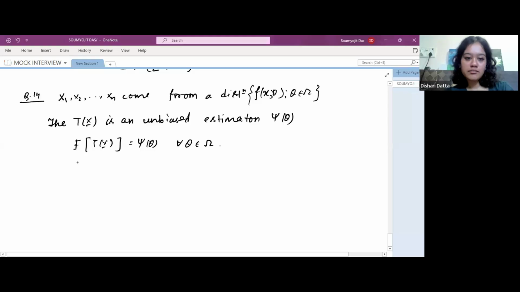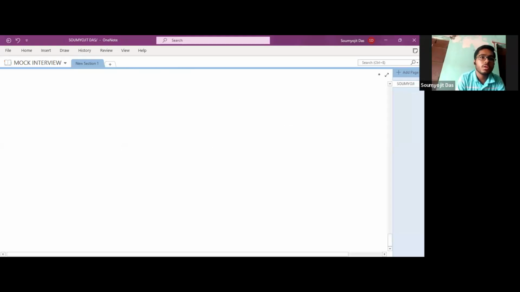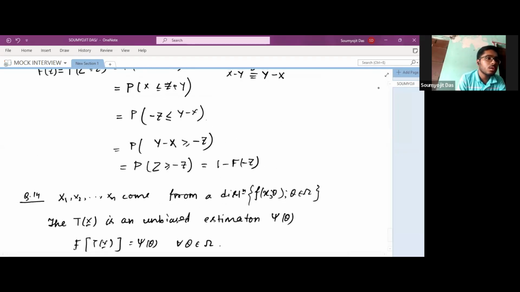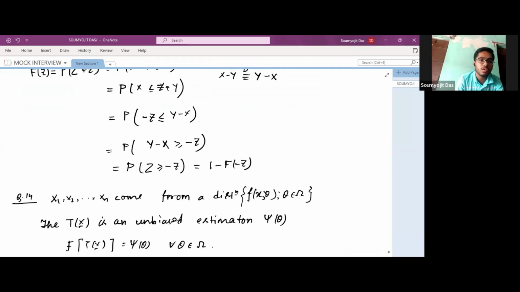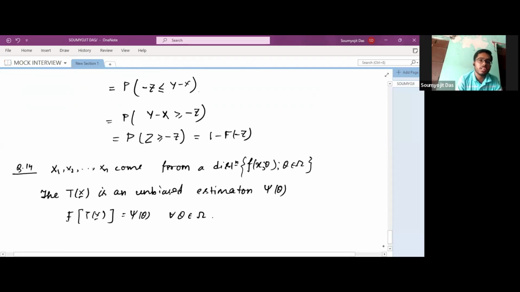If we consider the whole sample, then we can possibly generate a complete sufficient statistic out of it, which will contain all the information about theta from the sample, and help us construct a better estimator for the parametric function.